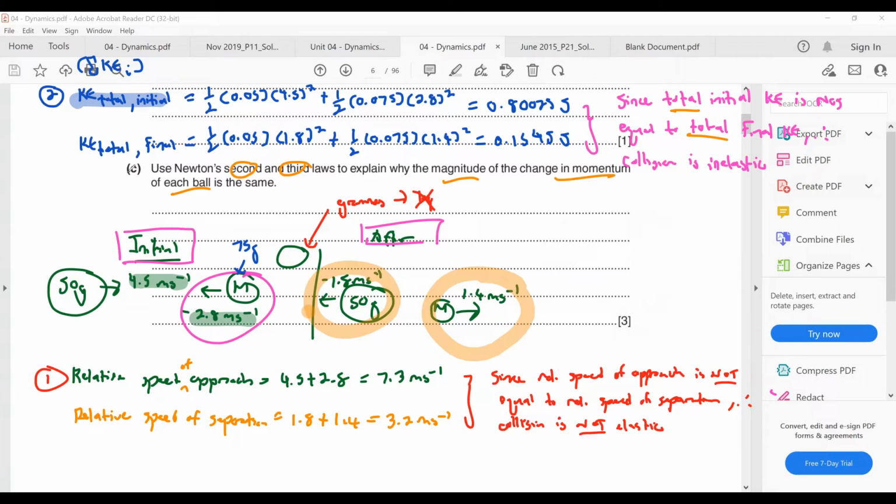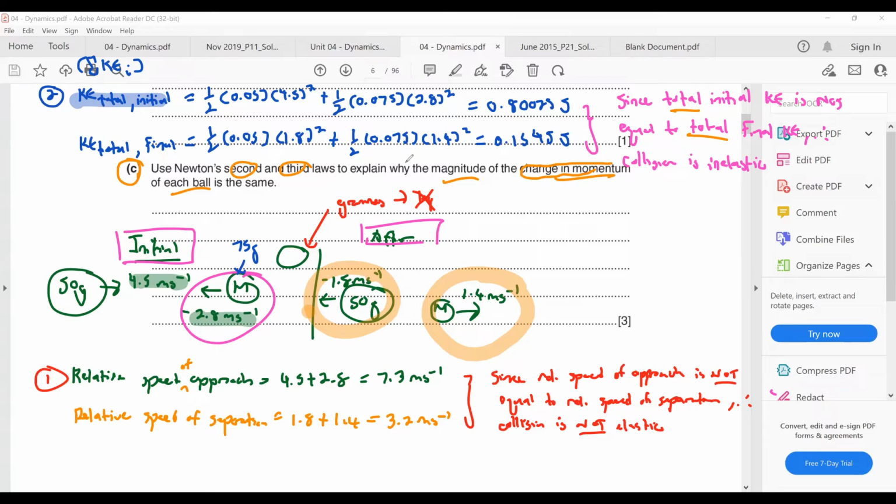Now, this particular question tends to repeat itself over and over again over the years. The exact wording may not be the same, but they still talk about the same thing. So they're asking why is the change in momentum for both of the balls the same?